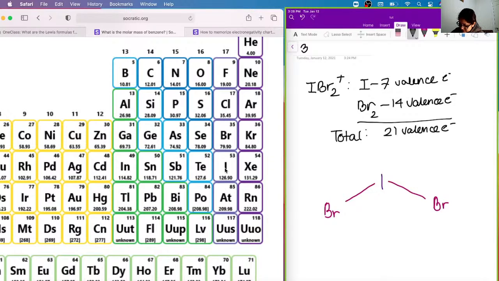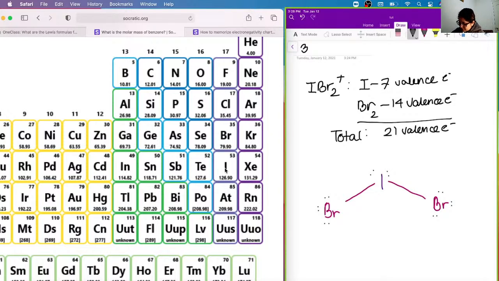And 1 of them is being shared, so we know it has 6. Yep, 6 electrons, so we would have 3 lone pairs. The same goes for this bromine. So we know that we have 2, 4, 6, 12 electrons, right? And now we need 2 more lone pairs, and that would go on iodine.